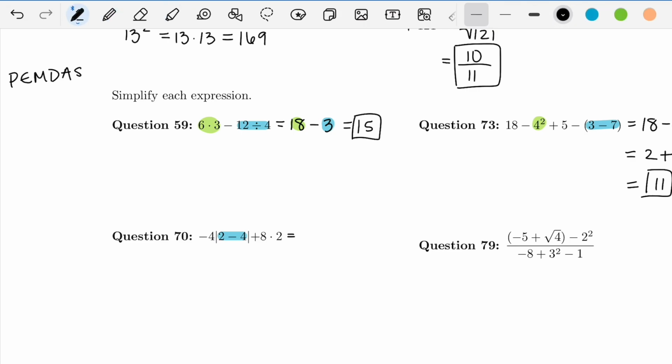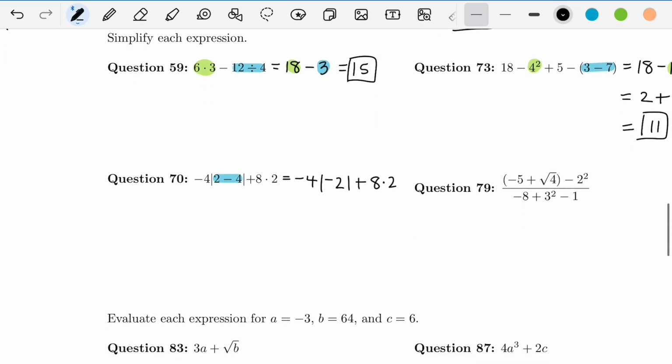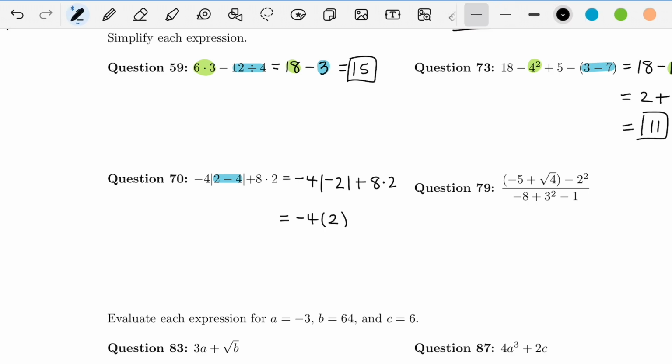So we're going to leave our negative 4 on the outside. Then we're going to take the absolute value of 2 minus 4, so that'll be the absolute value of a negative 2. Then we're still going to add 8 times 2 on the outside here. Now, this negative 4 will stay here, and then evaluating the absolute value of negative 2 gives us a positive 2. Then we still have this plus 8 times 2 here.